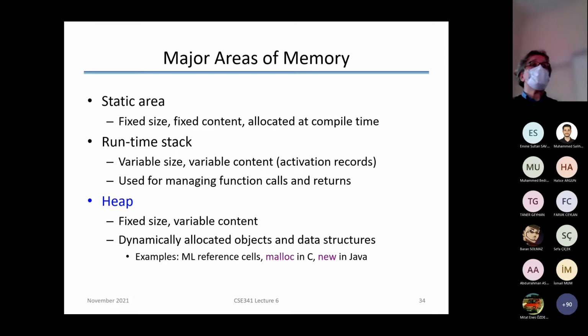The runtime stack: variable size, variable content in terms of activation records, used for managing function calls and returns. And then the heap: fixed size, variable content, where dynamically allocated objects and data structures live, like malloc in C, new in Java, and so forth.